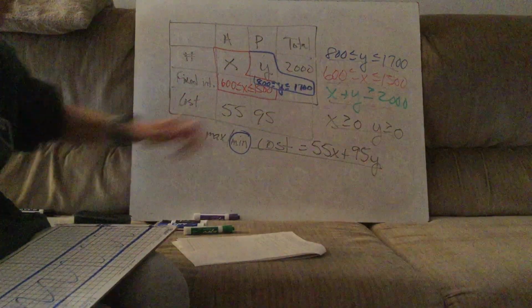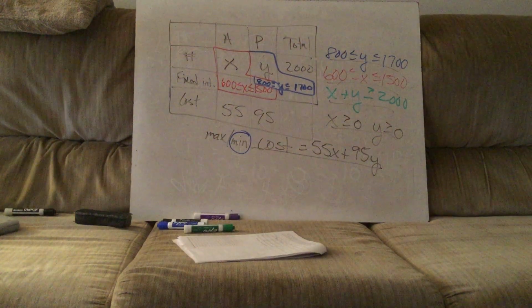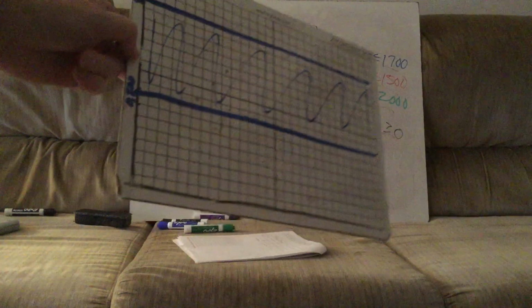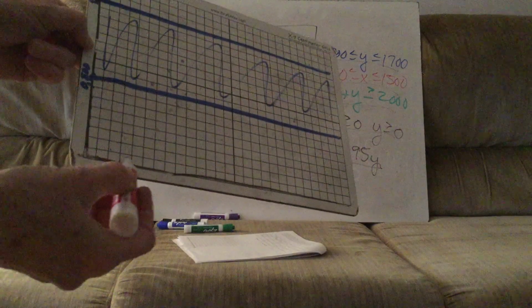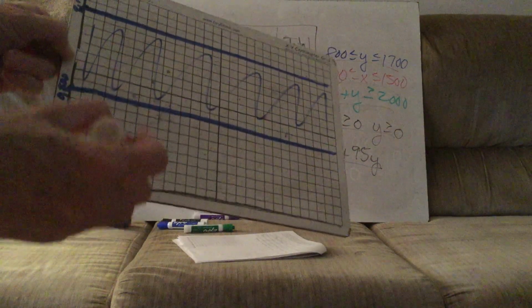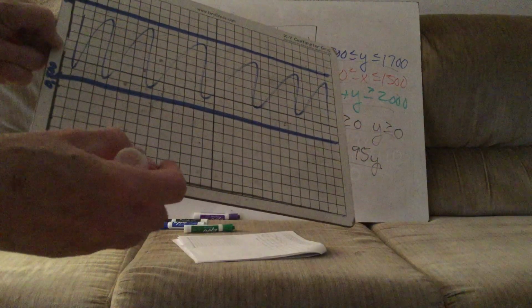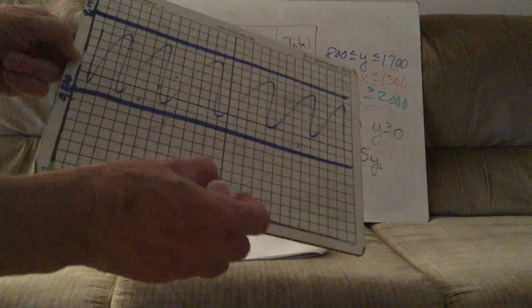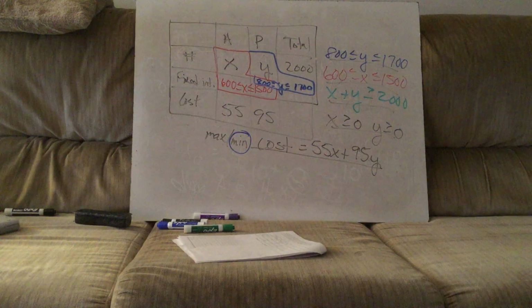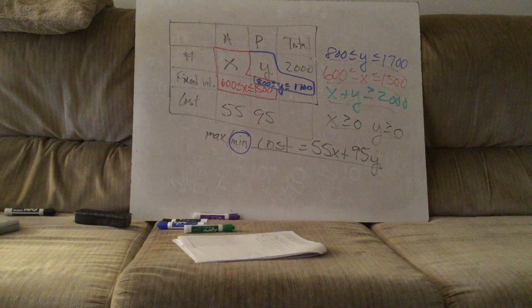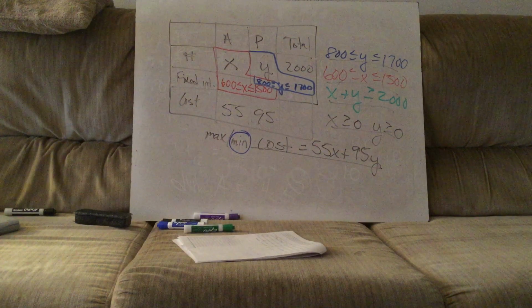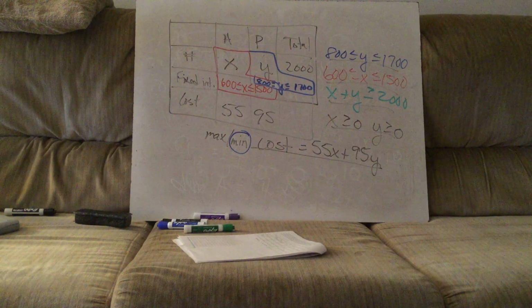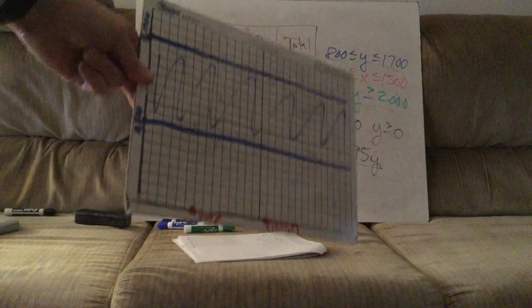Now, my red equation is on the x-axis. So for my red equation, I'm only looking at my x-axis. So I'm going to count over 1, 2, 3, 4, 5, 6, and 7, 8, 9, 10, 11, 12, 13, 14, 15. And those are the points 600, 0, and 1500, 0. Okay, so for the red equation, I am only on my x-axis.